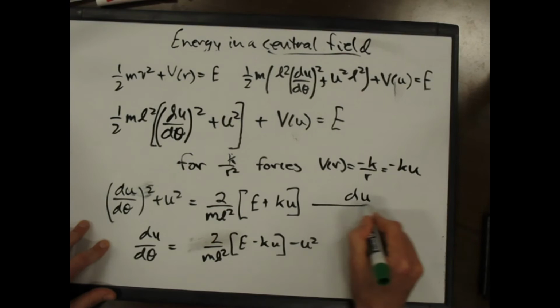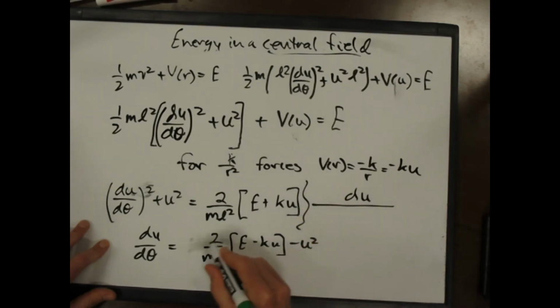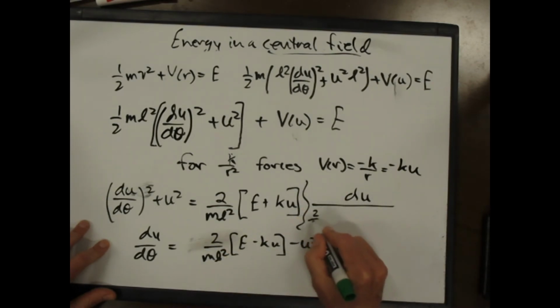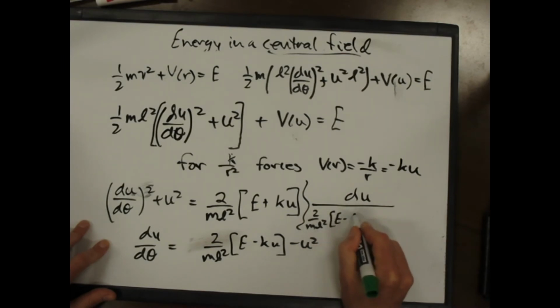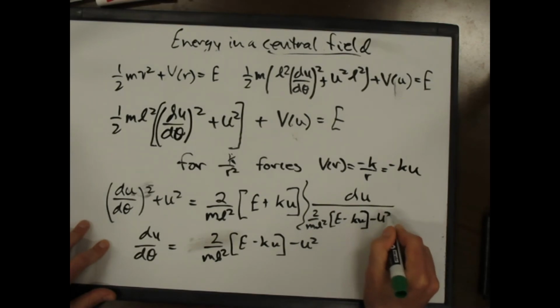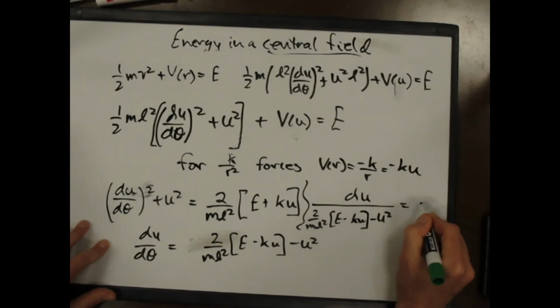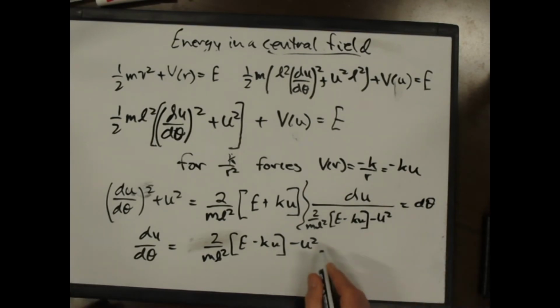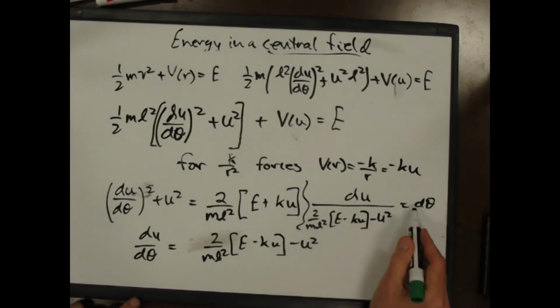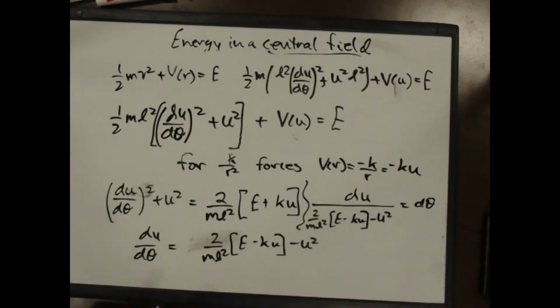Du over all of this, 2 over m L squared times E plus ku minus u squared, is equal to d theta. And now I've separated variables. This side all depends on u, and this side all depends on theta, and we'll look at that on the next screen.